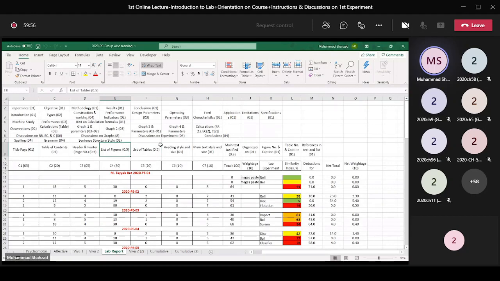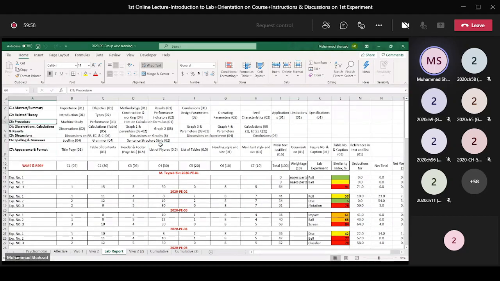You have to write the importance of the experiment, objective. Obviously, in brief, it is the summary. Just 5-6 lines will contain the whole summary, and these 5-6 lines should include the importance, objective, methodology, and the related theory.